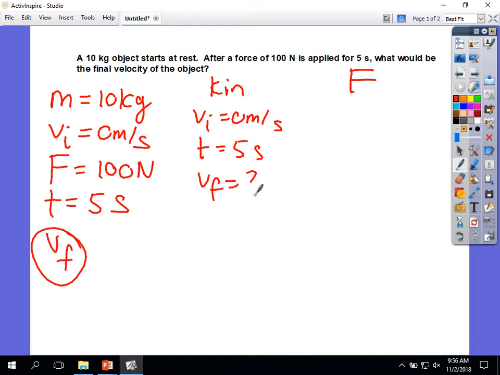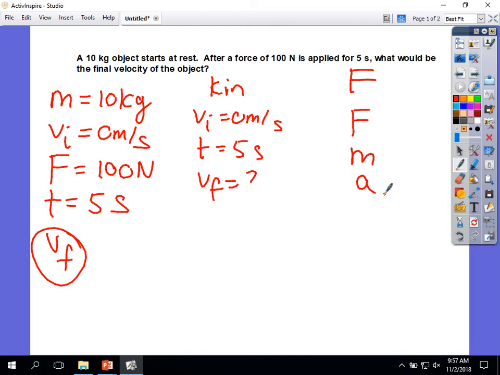As we learned in kinematics, I can't solve this right now. I only have 2 variables. I need a third variable to help me solve this problem. In force, there's only 3 variables that we ever have: F, M, and A. Those are the only 3 variables involved in the majority of force. We're going to introduce one other term a little bit later on.